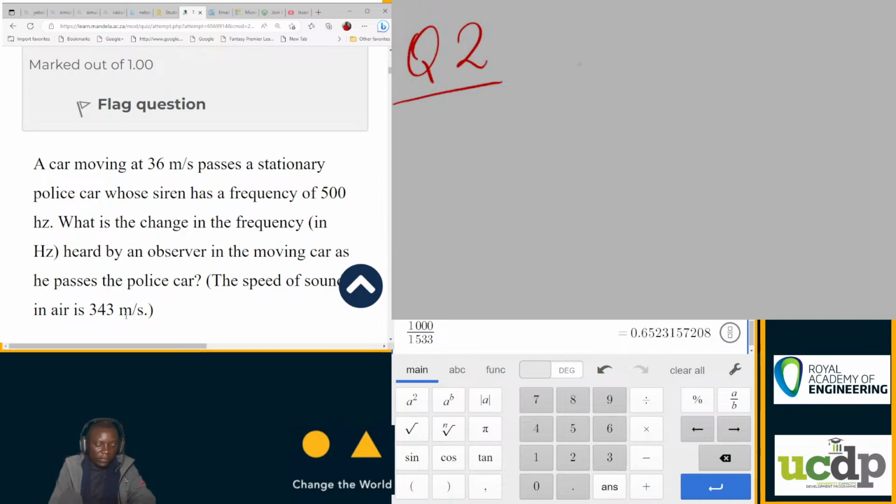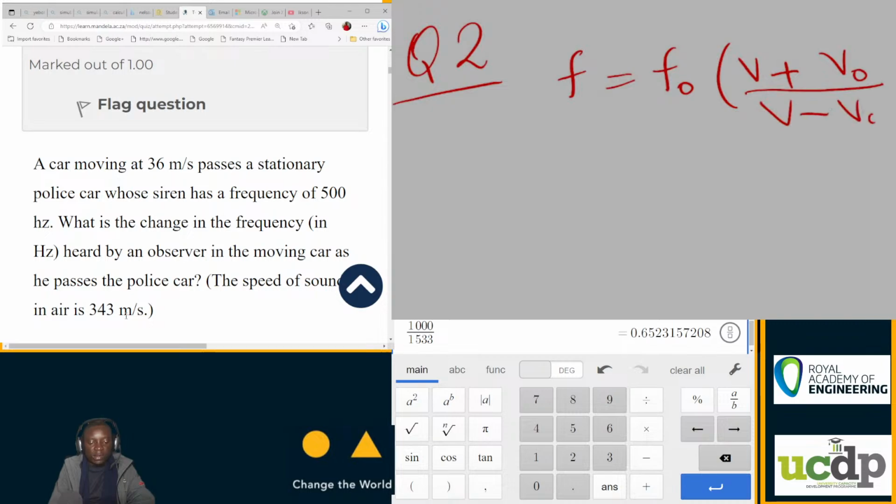So we have our equation. Frequency F is equal to F naught times V plus or minus V observer over V minus or plus V source. This is the general expression where we would use plus or minus depending on whether the observer is coming towards the source or moving away from the source.